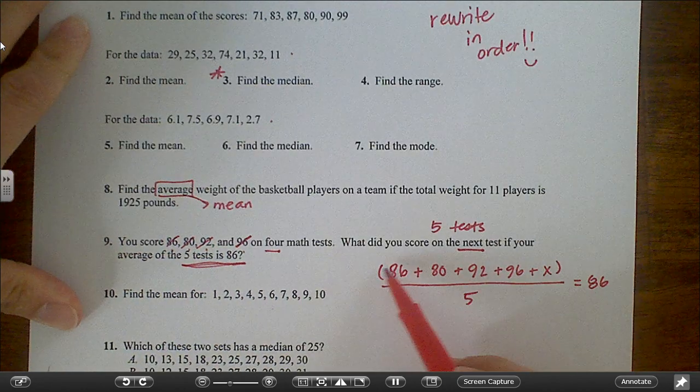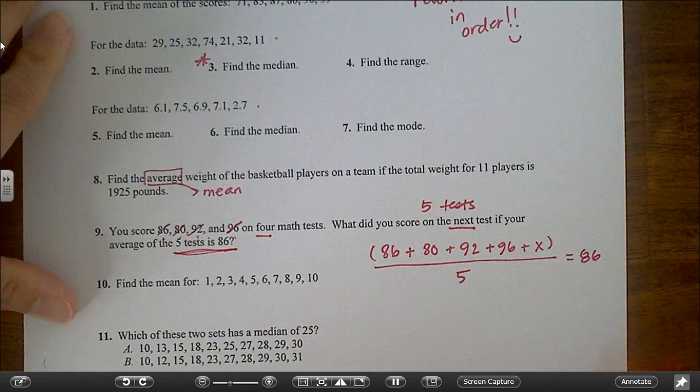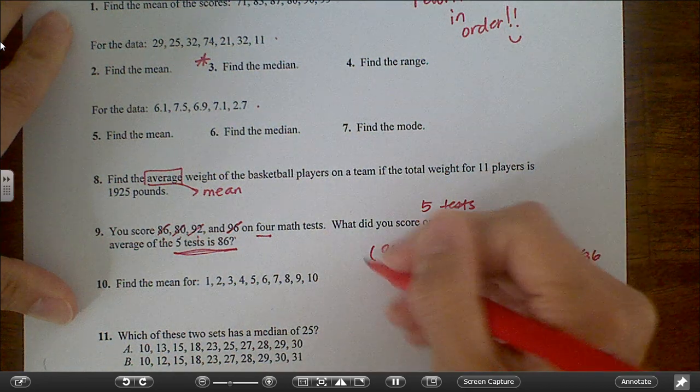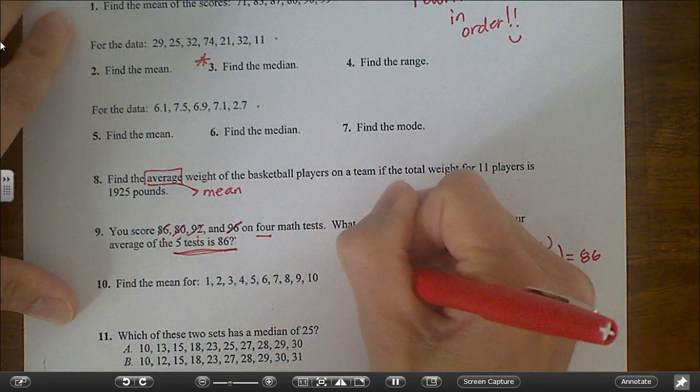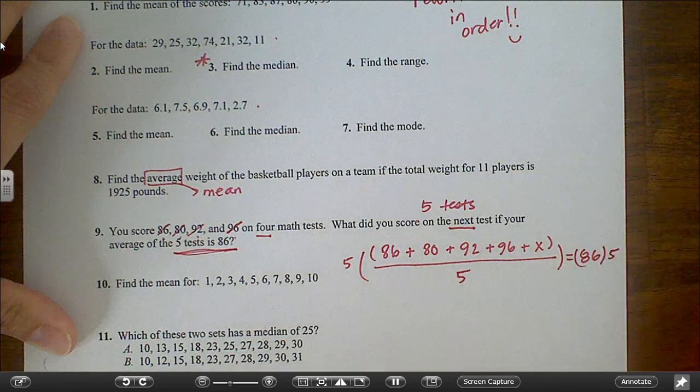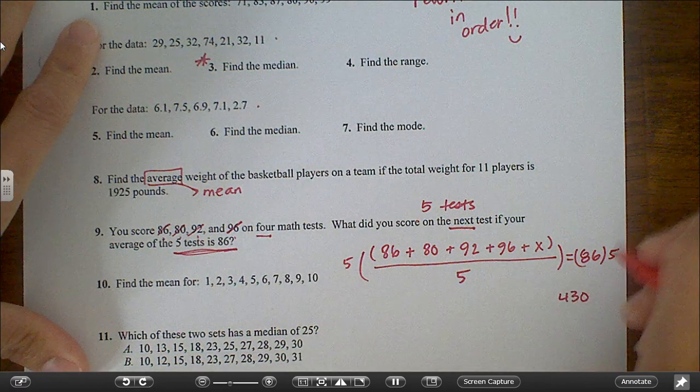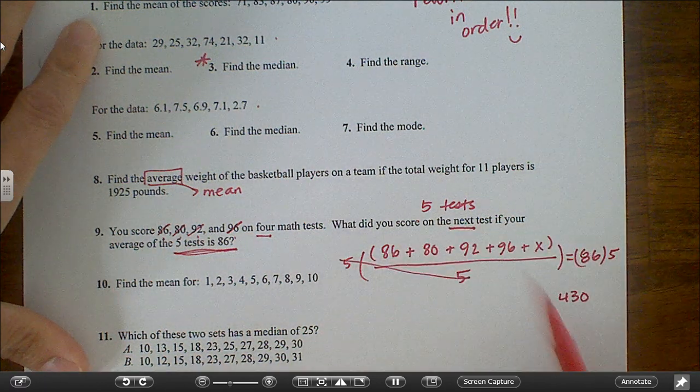Because these are all together up on the top, you can't divide any of this by 5 right away. You have to, in fact, multiply both sides of this by 5. So 86 times 5 gives me 430 on the right, and then that will go away.